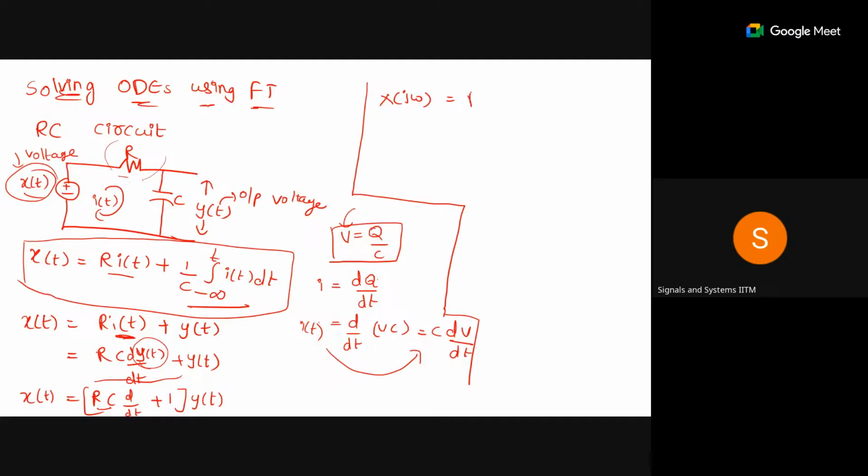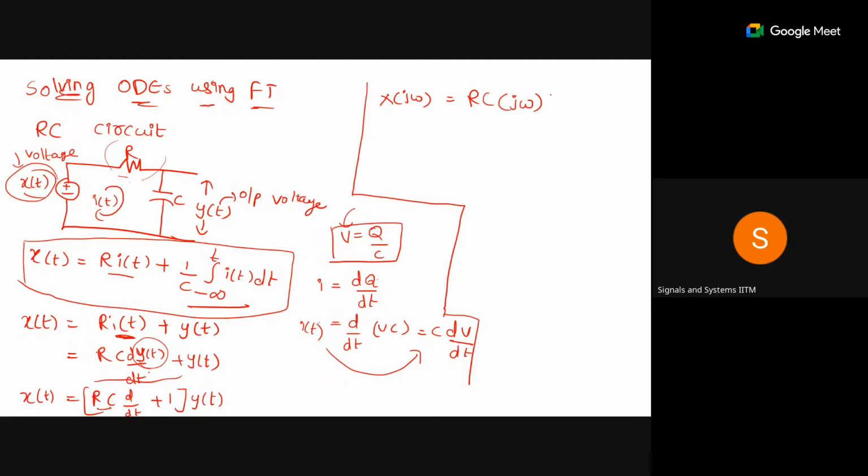So RC is equal to... for differentiation, I have told how it can be written. Differentiation of x of t can be written in the Fourier transform as, can anyone tell me that property? j omega x of j omega. So here instead of x it is y.